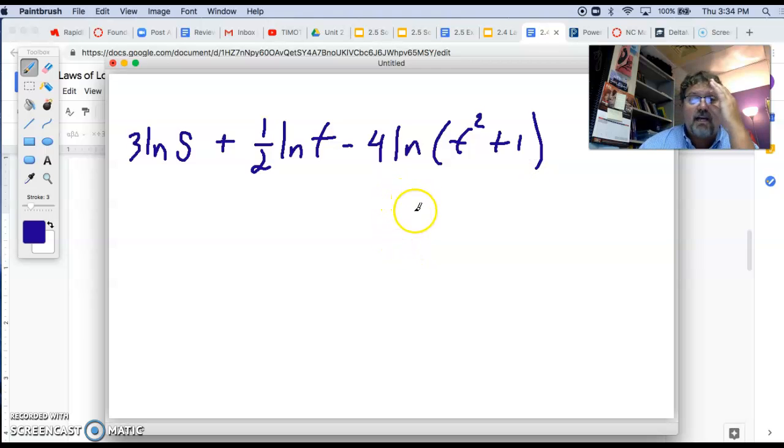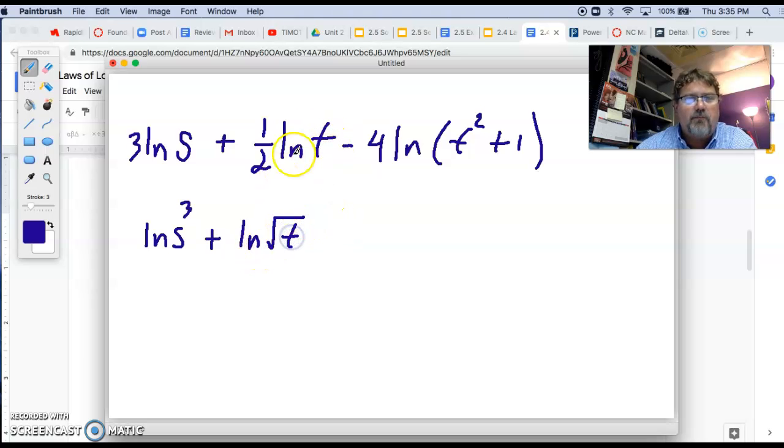All right, one step at a time here. First off, let's move our numbers in the front up as exponents. And we've got 3 of them that we can do. So I can call this natural log of s cubed plus natural log, that's t to the 1/2, but we could just call it the square root of t, and save us a step. Minus, I'm going to leave the minus here for now and just call that a 4.